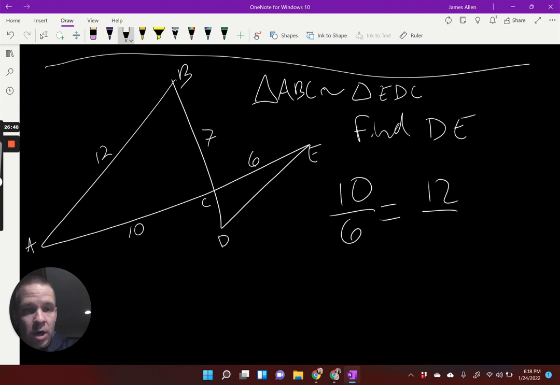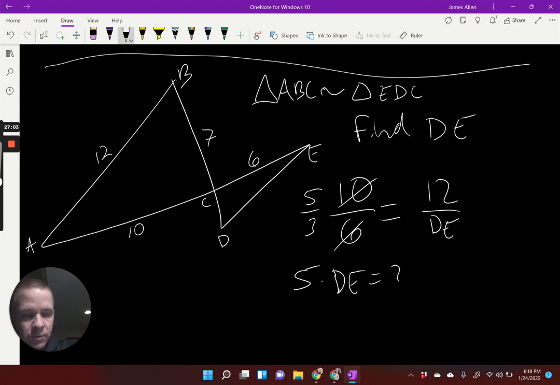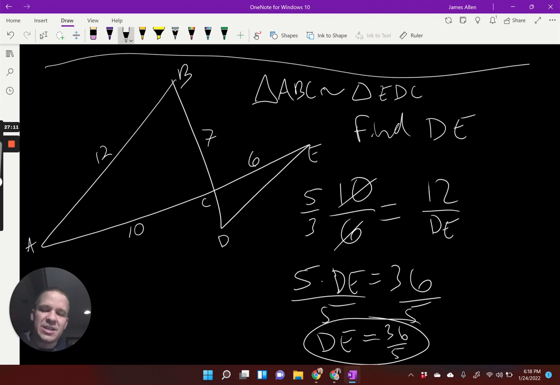So that would mean 12 over DE. DE and AB match up. The 7's not even used here. I'm going to cross multiply and solve, but first I'm going to reduce this down to 5/3. So I'm going to get 5 times DE equals 36. Divide by 5. That's left as a fraction here. So we got 36 fifths.